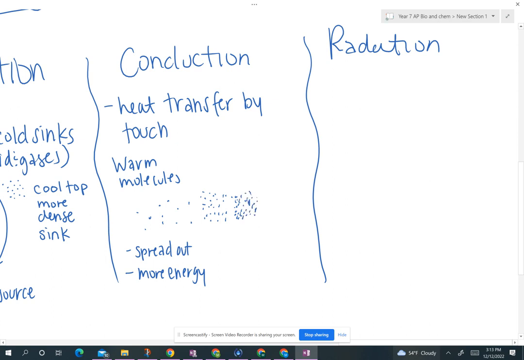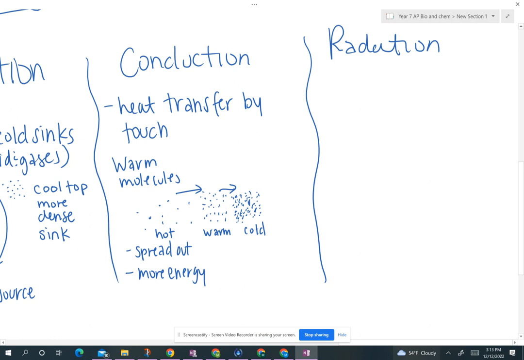If I were to diagram all of this, this would be my cold area, this would be my hot area, and this would probably be warm. So these hot molecules are going to hit the warm molecules. They get the warm molecules more excited, more moving. And then they're going to hit the cold molecules.